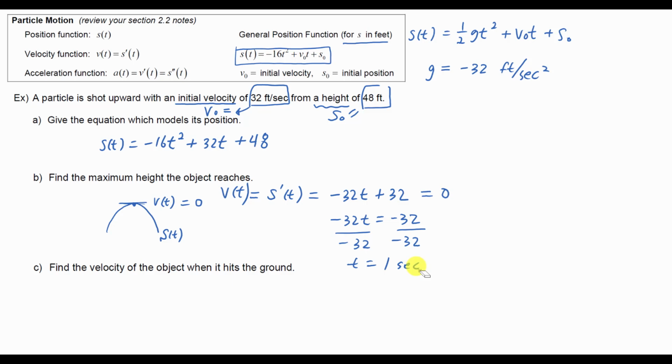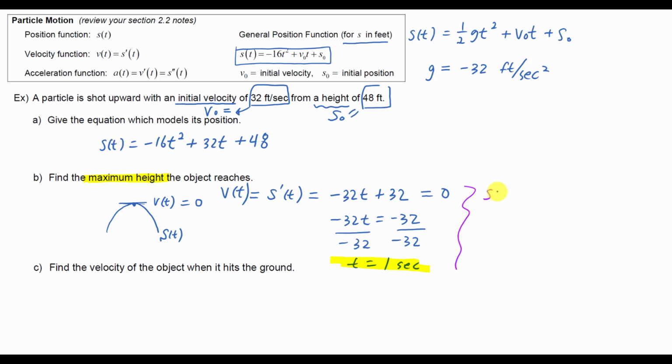So I know I will have a maximum height when t is equal to 1 second, but it's asking to find the maximum height. So after you found when, you can plug this back into the position function to find the maximum height, since the position function is the one that gives you the height.